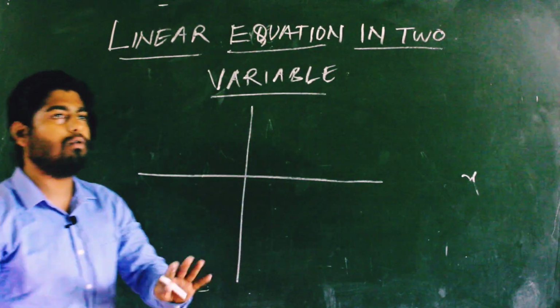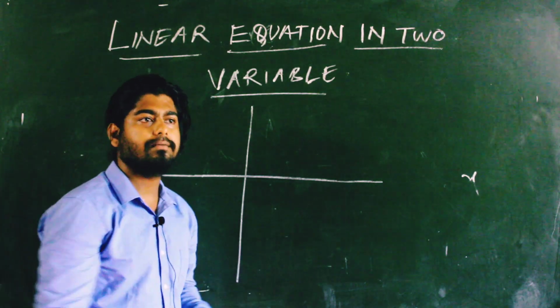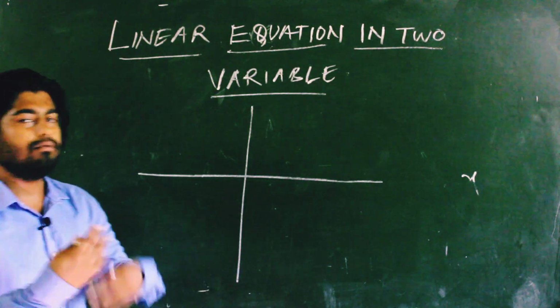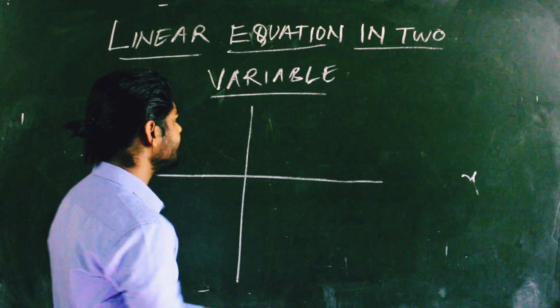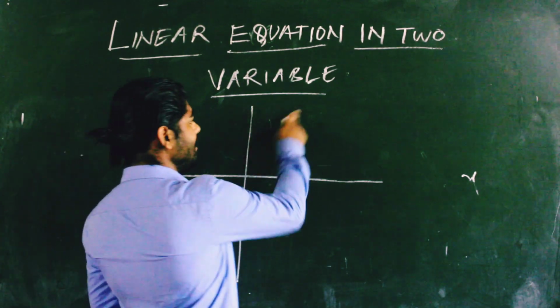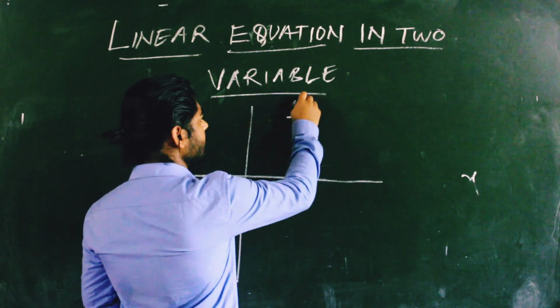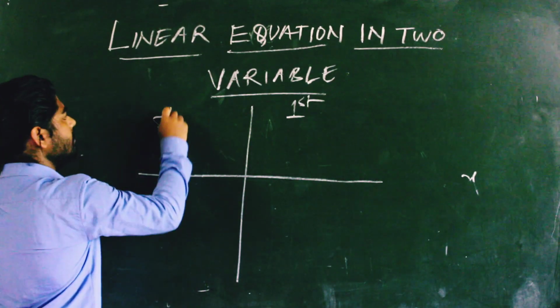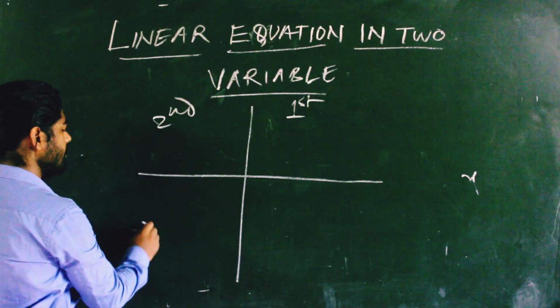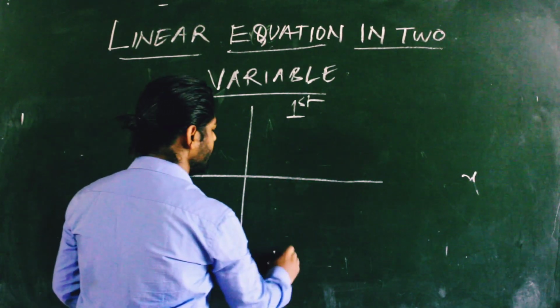In total there are 4 quadrants for 2D graphs. For 3D graphs, it varies with each axis. This is the first quadrant, this is the second quadrant, this is the third quadrant, and this is the fourth quadrant.